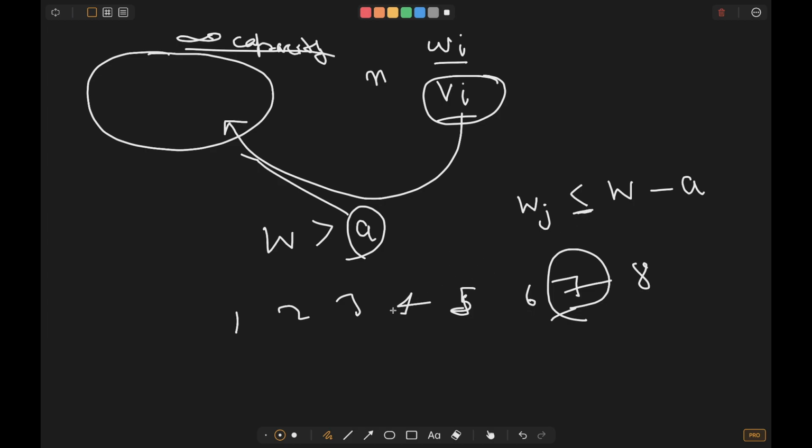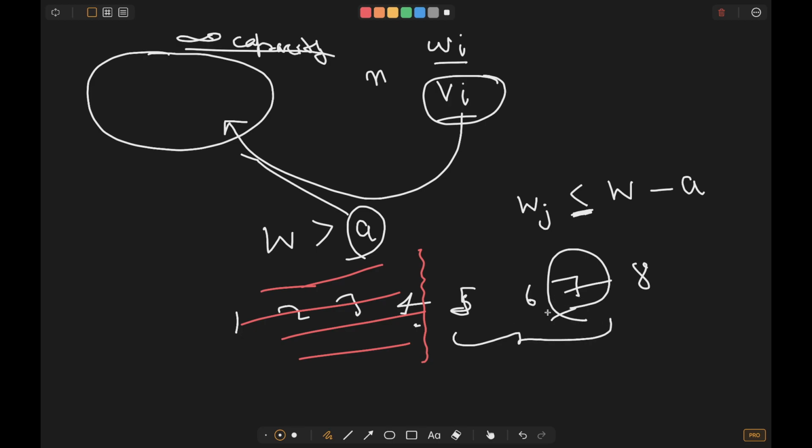So all the weights less than or equal to 4 will come out of the knapsack from a hole, and this range would come out of the knapsack, and we will end up with this much.